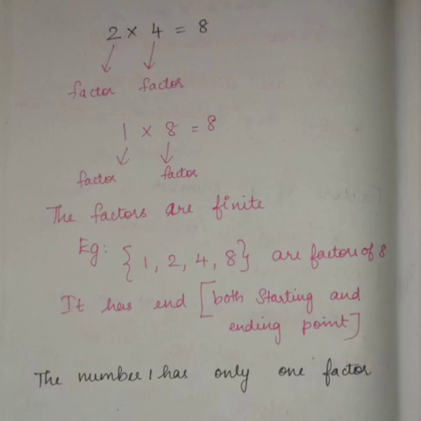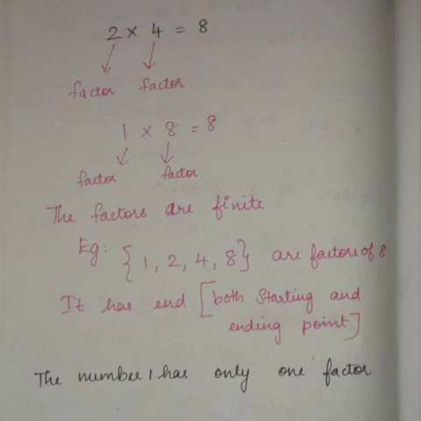If it has a starting point and an ending point, we say that as factors. Factors means that when we multiply two numbers, we get one number, and the numbers we used for multiplication are the factors. So what are the factors of 5? 1 into 5 is 5, so 1 is a factor and 5 is a factor. Next, what are the factors of 10?